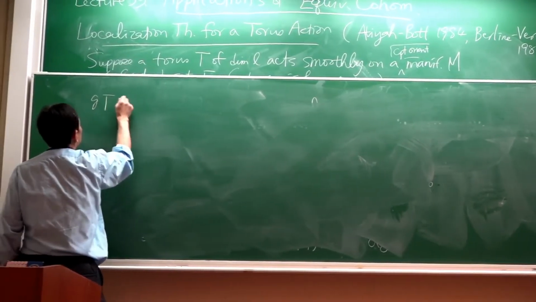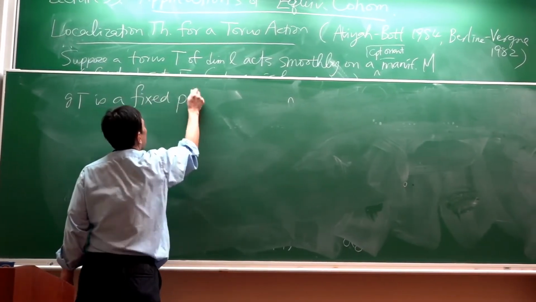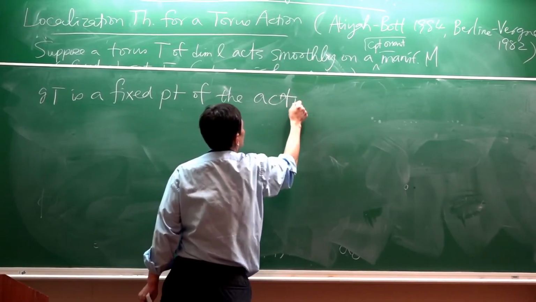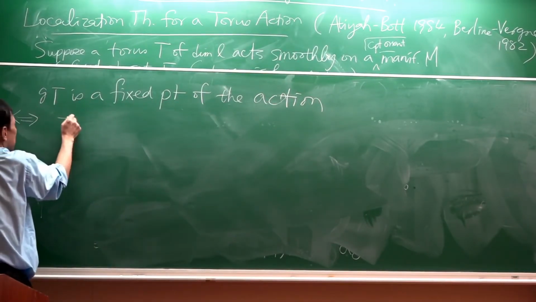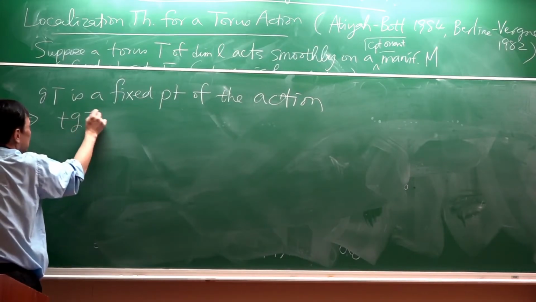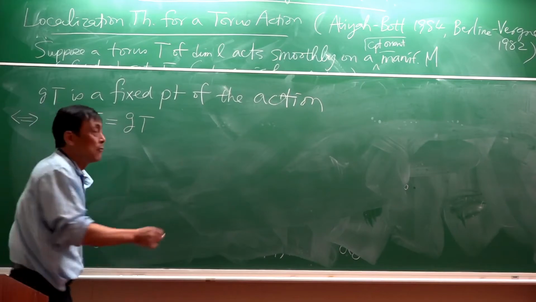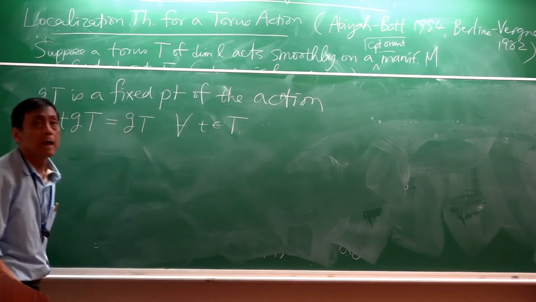So gT is a fixed point of the action if and only if tgT is equal to gT for all t in T. Okay?